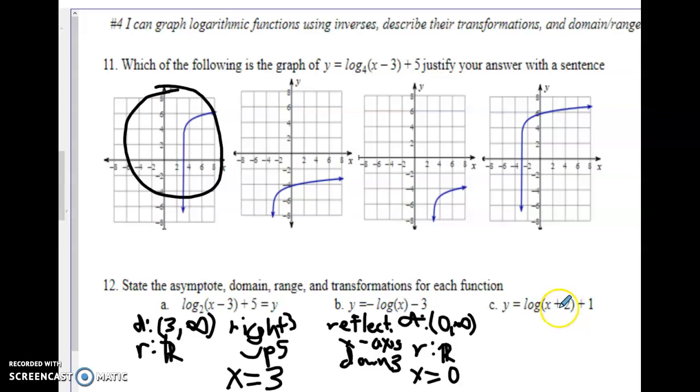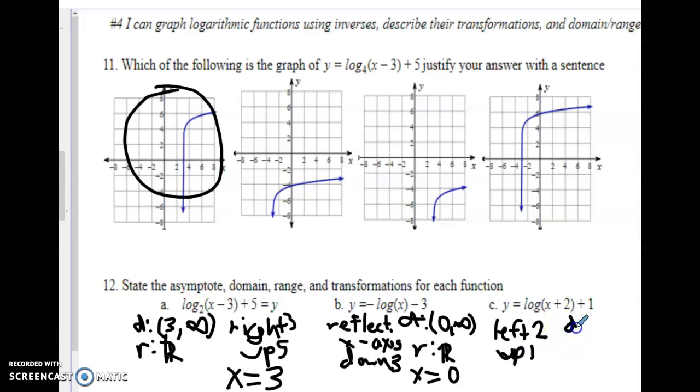Part C, this one has been shifted left 2 because of that plus 2 to the x. So left 2 and then up 1.